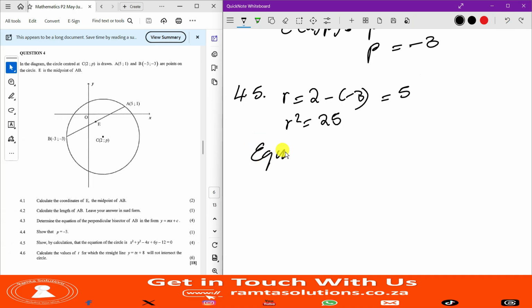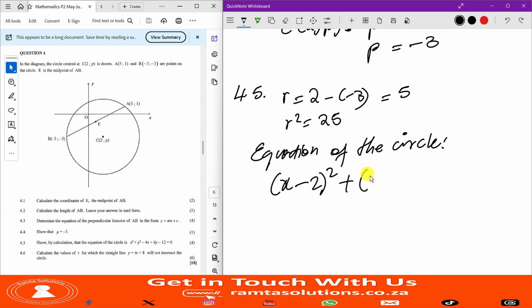Therefore, the equation of the circle will then be (x minus 2) squared, since the x value is positive, plus (y plus 3) squared, since the y value is negative 3.